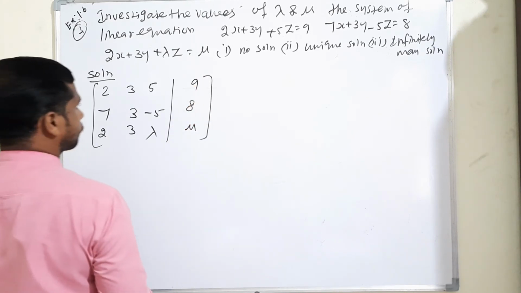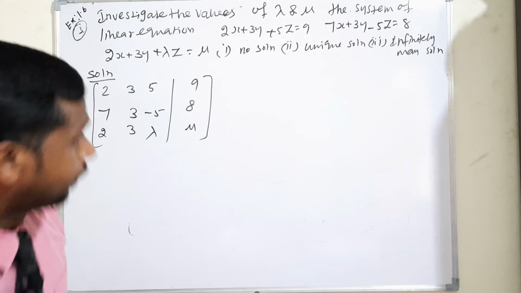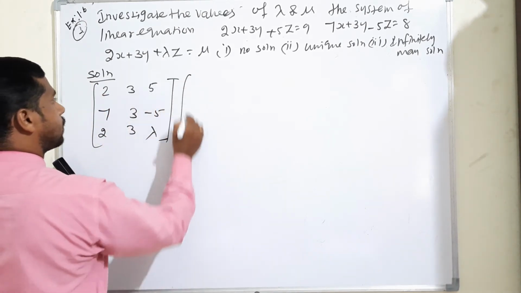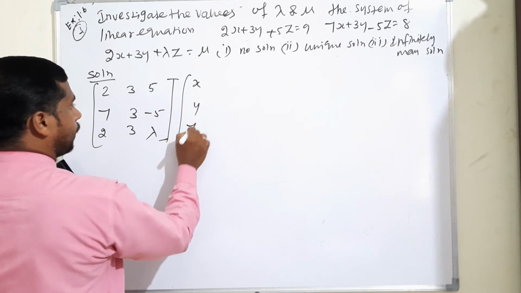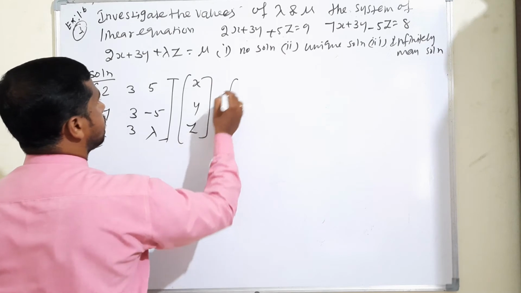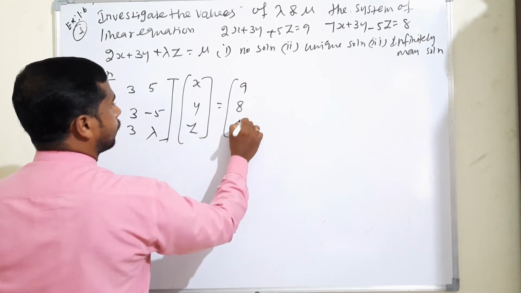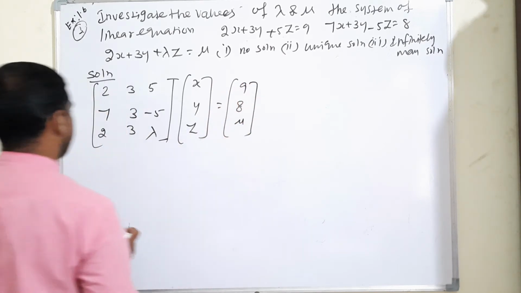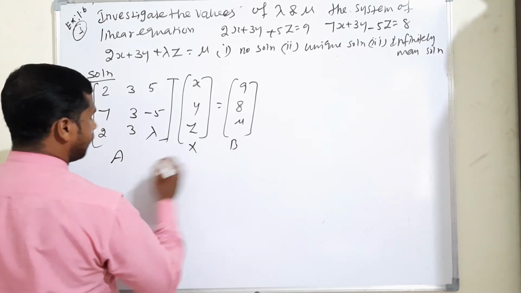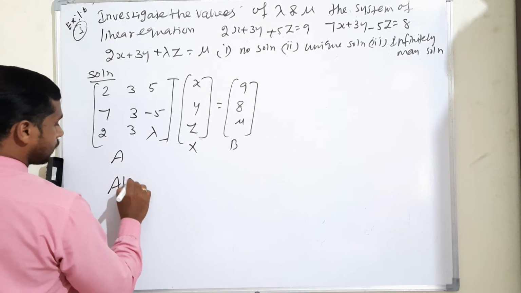So first we have to arrange, sorry my dear friends, this is x, y, z, then the constants 9, 8, mu. So now what we have to do? This is called capital A, x and b.